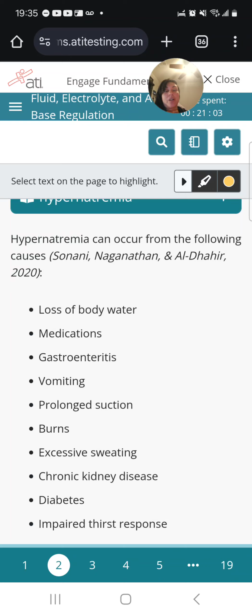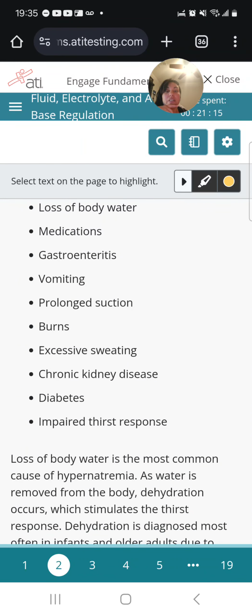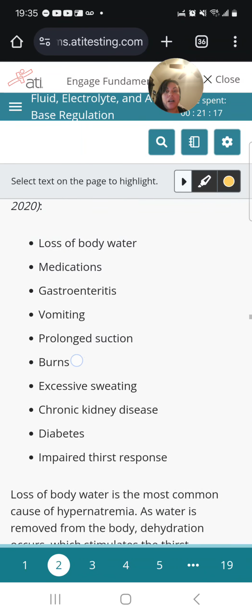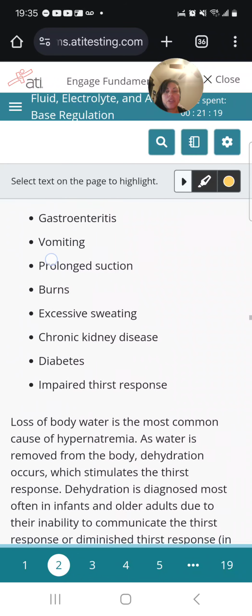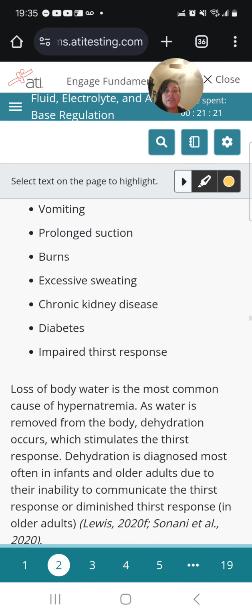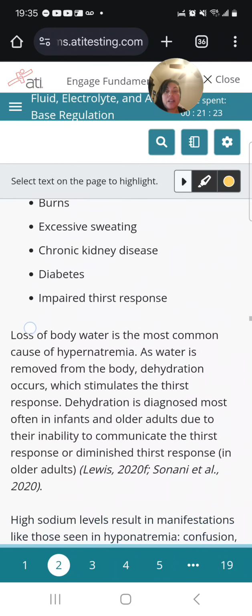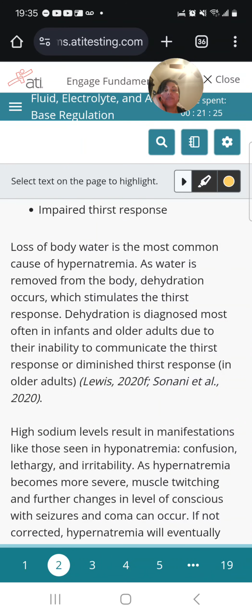Hypernatremia can occur from the following causes: loss of body water, medications, gastroenteritis, vomiting, prolonged suction like NG suction, burns, excessive sweating, chronic kidney disease, diabetes, and impaired thirst response.